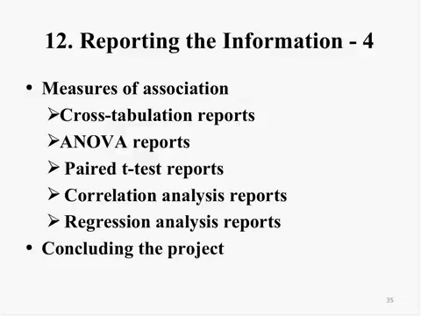The ANOVA report, which is analysis of variance reports, the paired t-test reports, correlation analysis reports, regression analysis reports, and finally, in putting the project to bed, we want to conclude it by including authorship and contact information. The SME, subject matter expert statistician, and the attorney work together to finalize and edit the project and report for presentation and distribution.